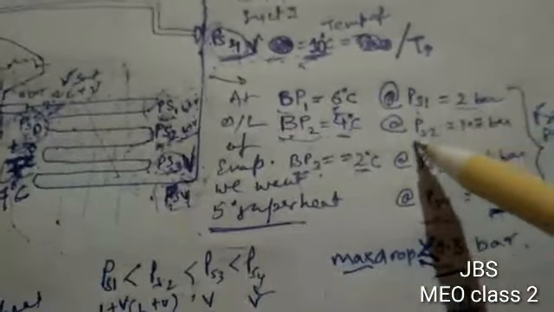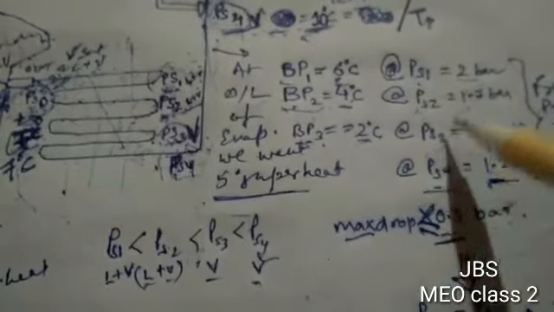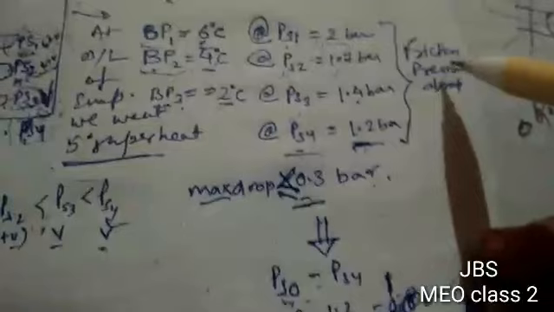Just for example, at PS0, at the inlet of the evaporator, the pressure was 2.2 bar. At point PS1 the saturation pressure was 2 bar, and at point PS2 the saturation pressure was 1.7 bar. As we are seeing, the pressure is dropping because of the friction.